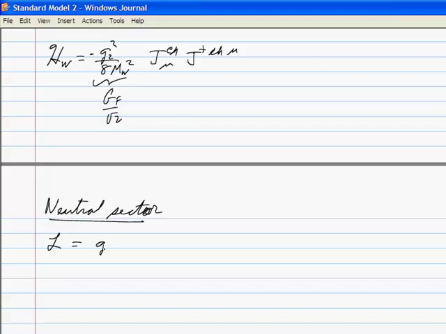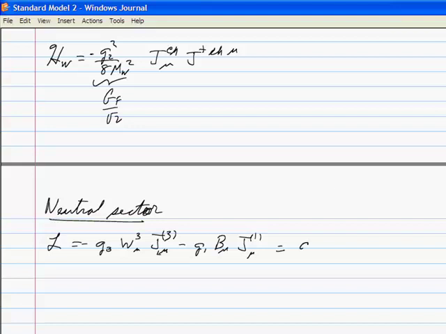It starts at g3 W3 times the third component of the left-handed current, minus g1 B_μ times a singlet current, and we write those W3s and B's in terms of W's and Z's.